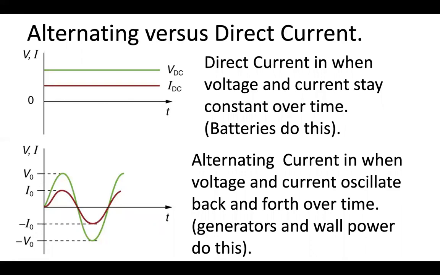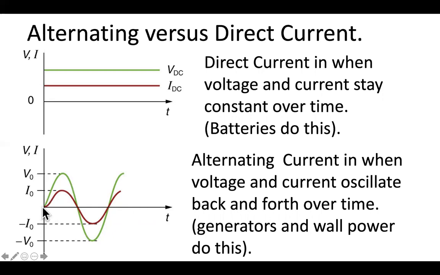If you have something generated by things like, say, an electric generator or other sorts of things, you have alternating current. In alternating current systems, both the current and the voltage swing back and forth. This is some examples here. Again, what we're plotting are quantities as a function of time.